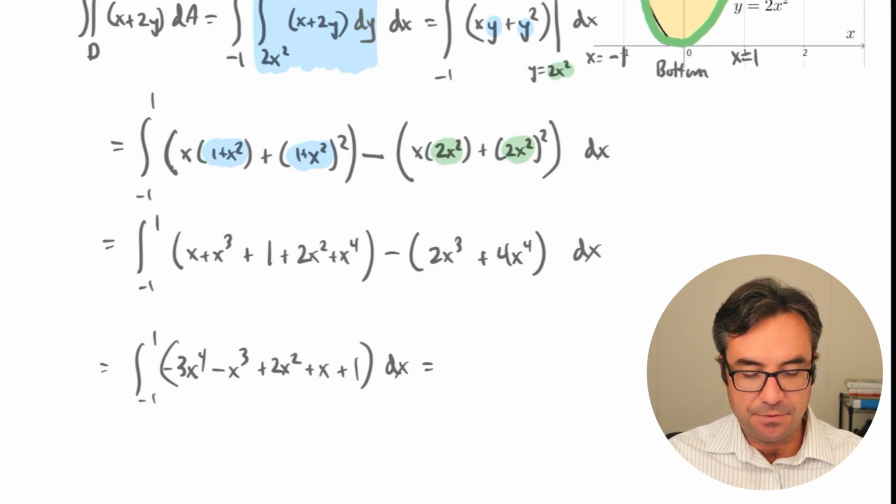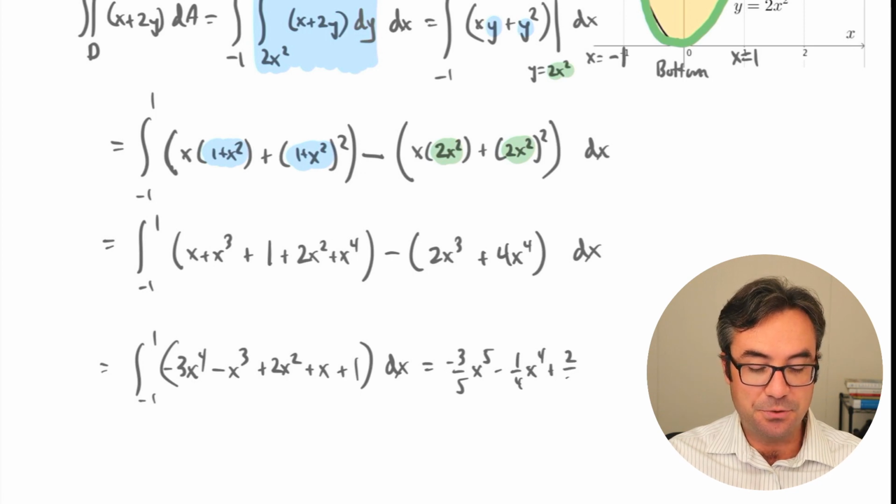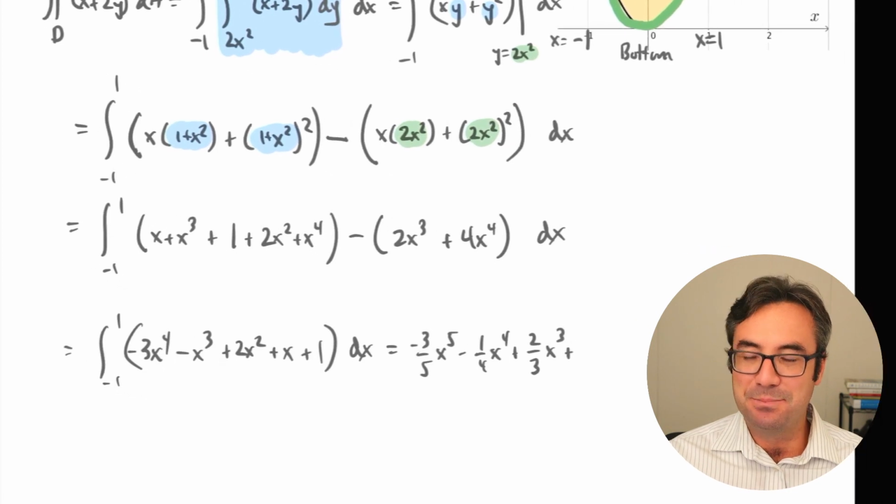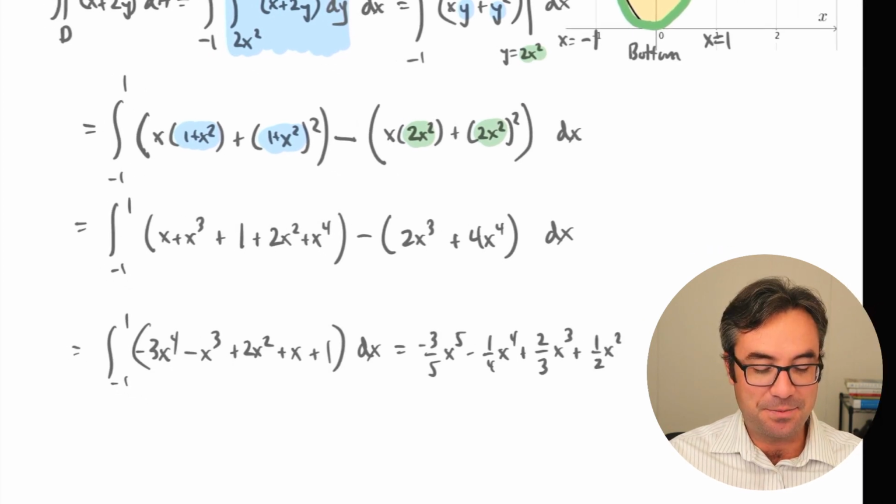So the antiderivative with respect to x is negative 3 over 5 x to the fifth minus 1 over 4 x to the fourth plus 2 over 3 x cubed, plus 1/2 x squared plus x.